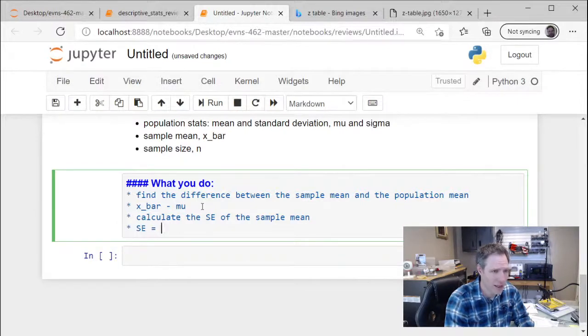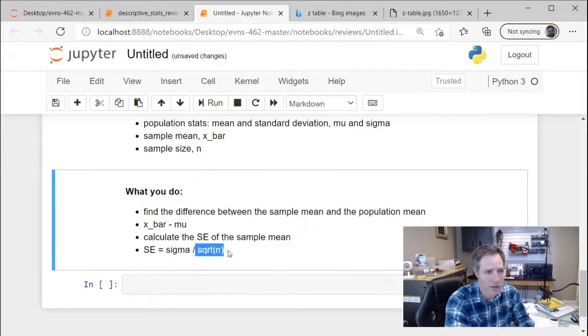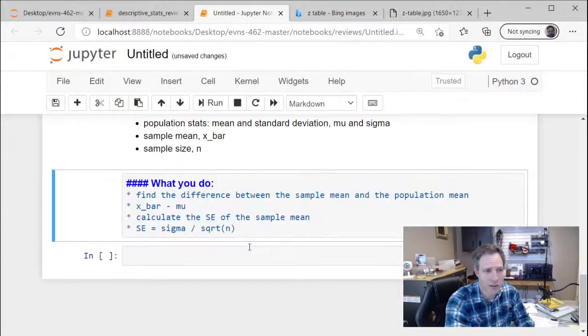Standard error is equal to the standard deviation of the population, sigma, divided by the square root of n. So it's the standard deviation from the population divided by the square root of the sample size. So the standard error of the sample mean gets smaller as your sample size increases.